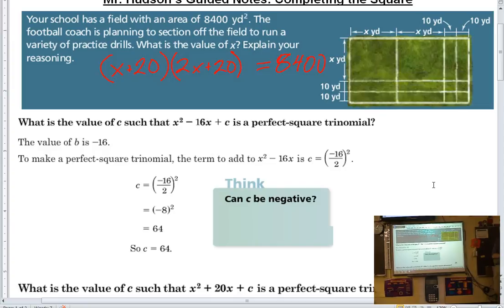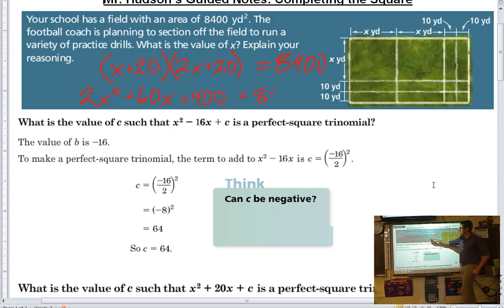How do we do this? We did a couple like this yesterday with the picture frames. So we could FOIL this. When we do that, you want to walk me through it? First, 2x squared, outer, inner, 20x, 20x, and 40x, so 60x, and 400.